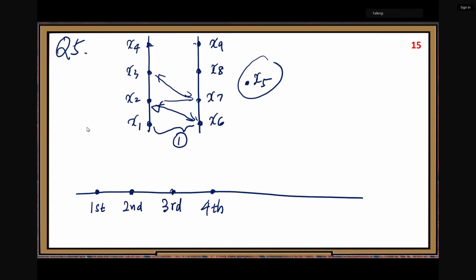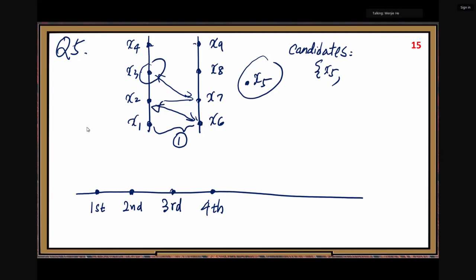Let's consider what is the candidate for the 5th overall smallest. x5 should be the candidate, right? x3 is the current pending one.